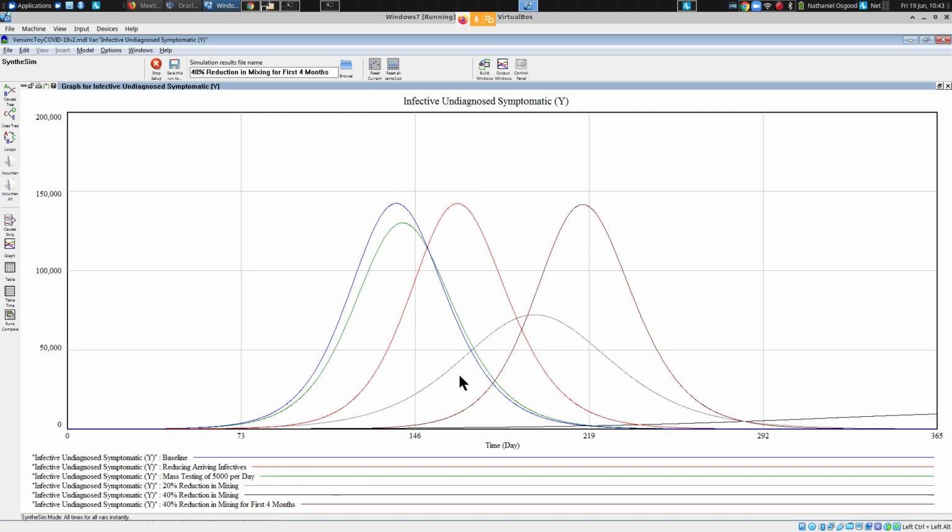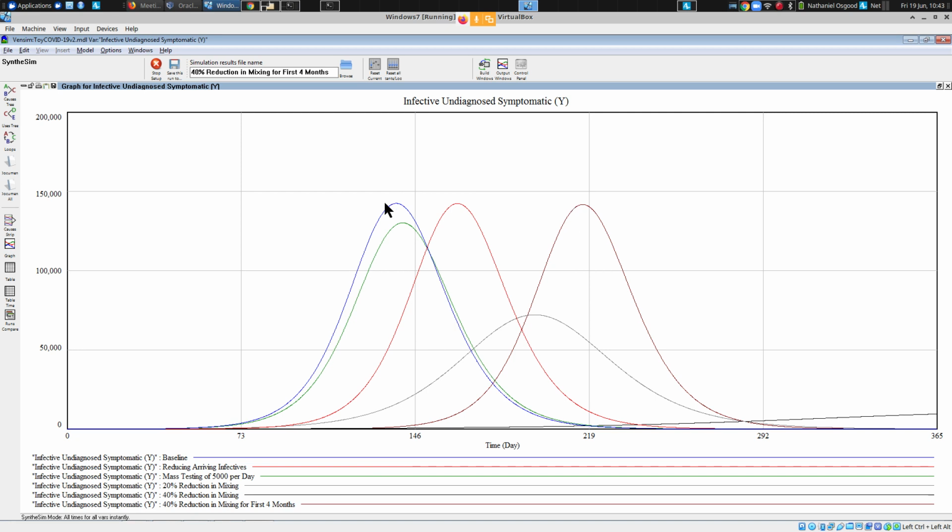What's been the net effect? Can anyone say, those 4 months of reduced activity, what have they bought us? If we compare this peak with the blue peak. This peak had a 40% reduction in mixing adhered to for the first 4 months, but then a relaxation.